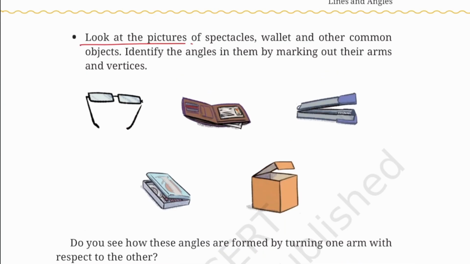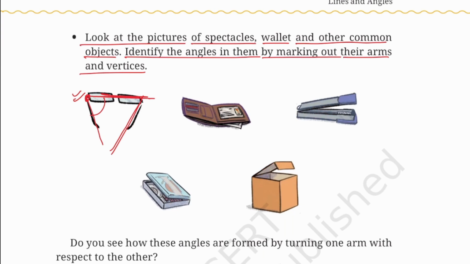Look at the pictures of spectacles, wallet and other common objects. Identify the angles in them by marking out their arms and vertices. You can see arms, vertex, this one, and angle. Similarly, arms, vertex, and angle.